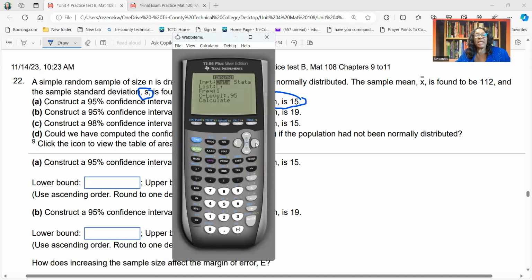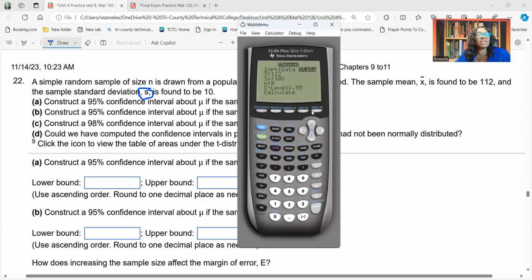And I'm not given data, I'm given stats. What is the X bar? X bar is 112. What is the standard deviation given to me? Standard deviation given to me is 10.